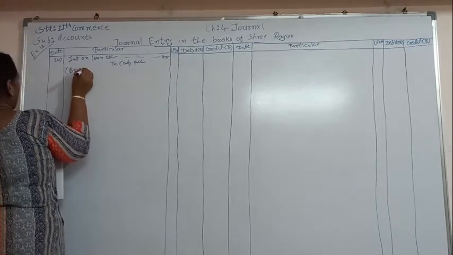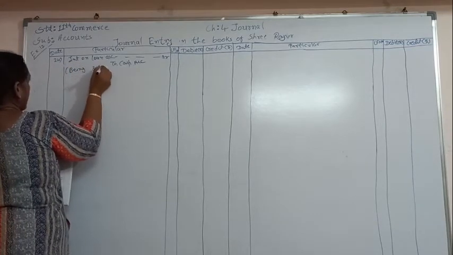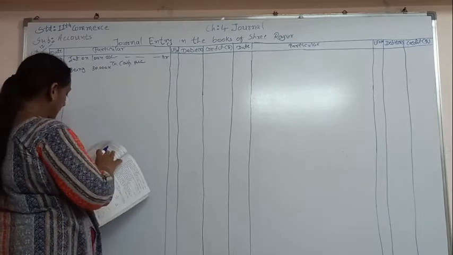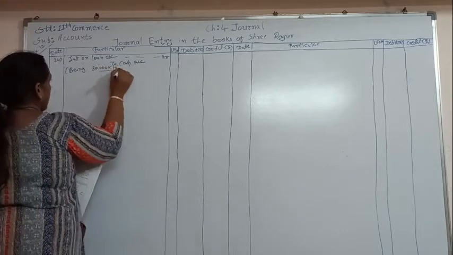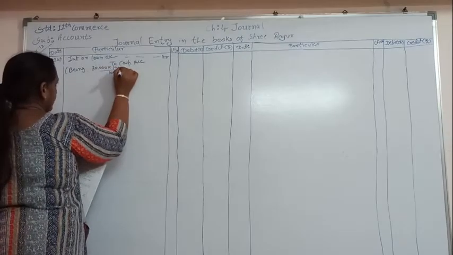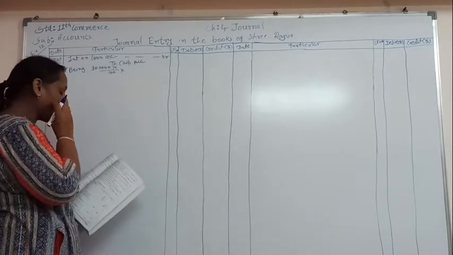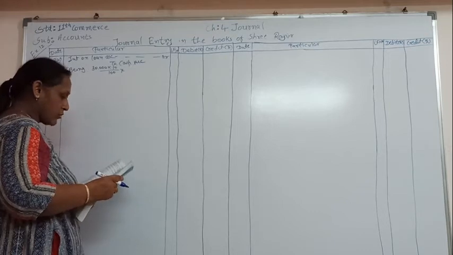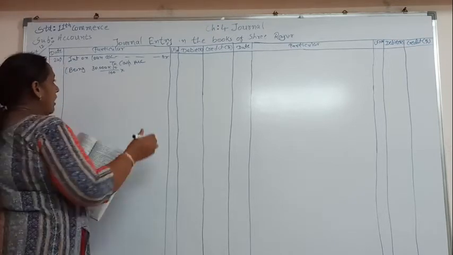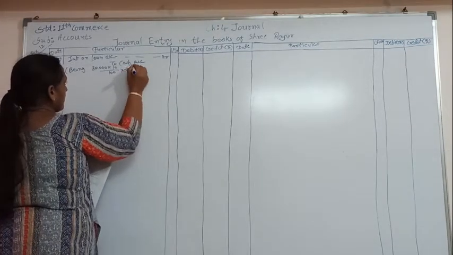So the calculation will be 30,000 at 10% interest, and we are going to pay interest for 1 month, so that will be 1 upon 12.